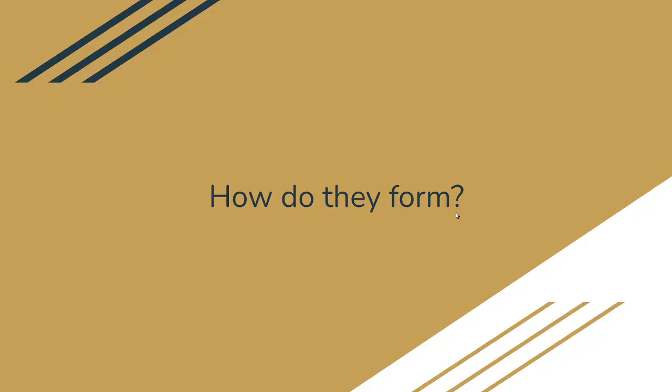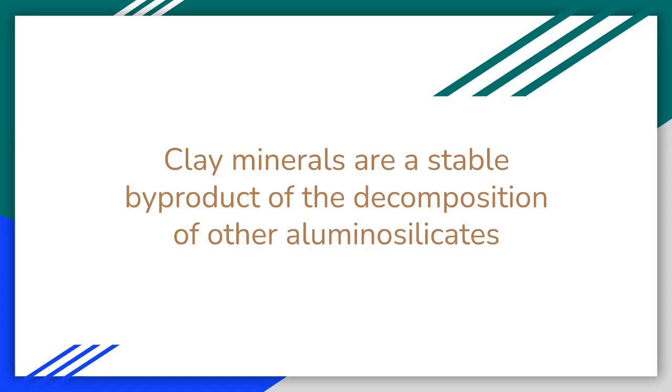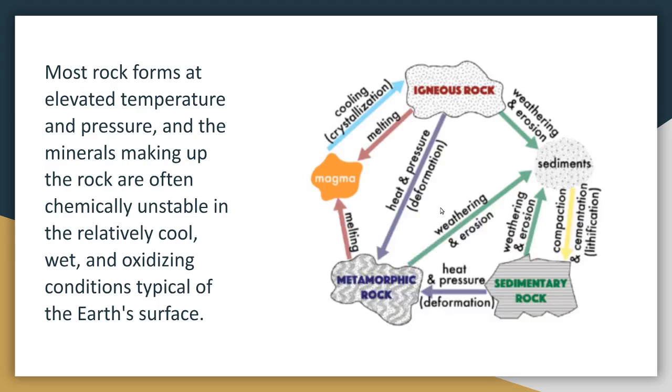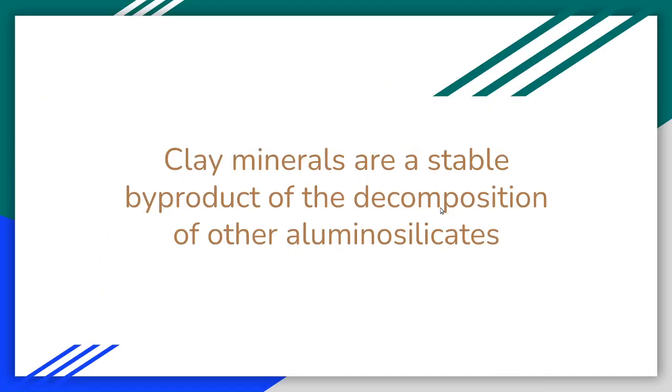Well, how do they come to be? Clay minerals are a stable byproduct of the decomposition of other aluminosilicates. This is a lot to take on firsthand. But what you have to know is that a secondary mineral or byproduct is something where basically a mineral goes through a process.